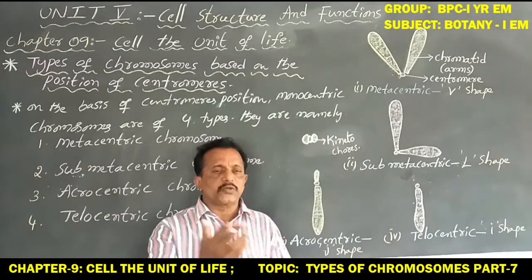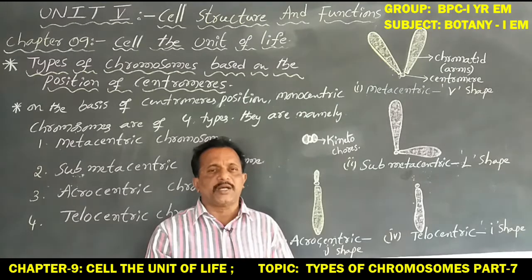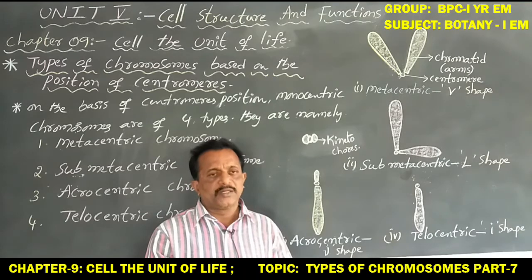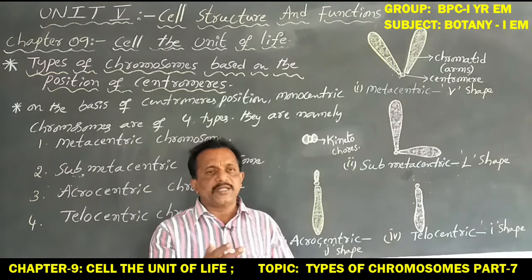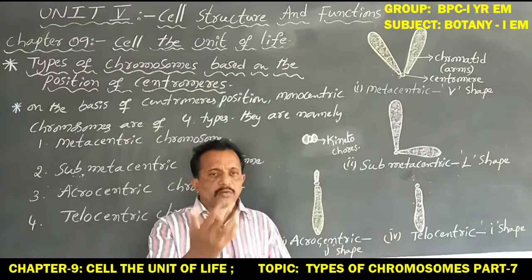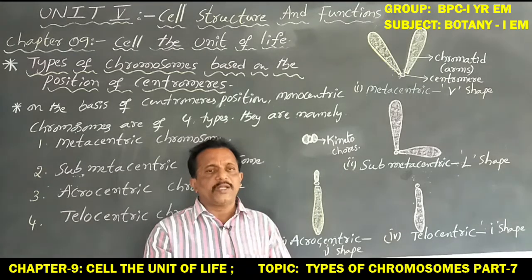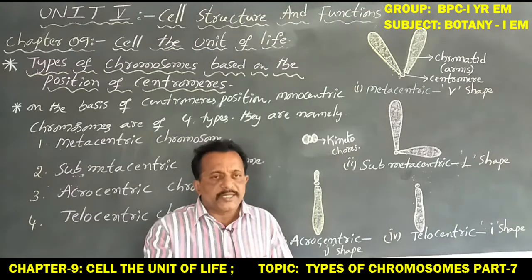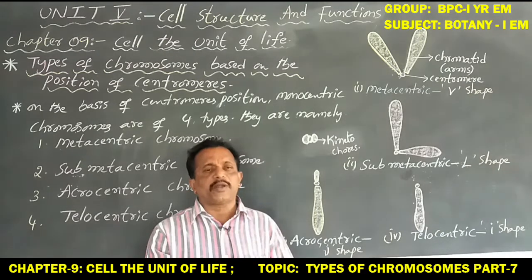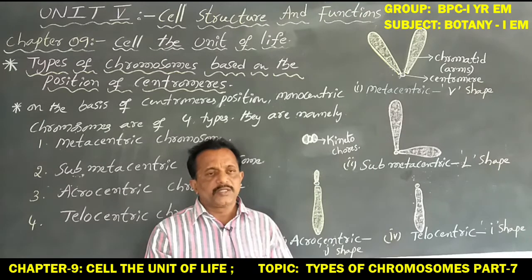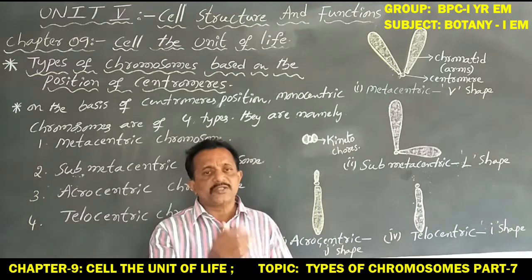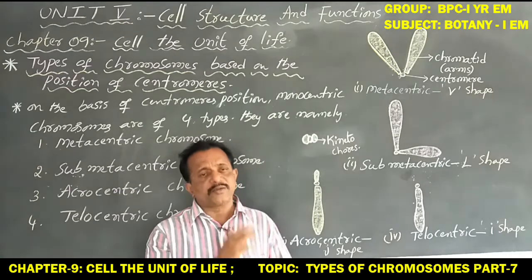That is known as mitosis. In meiosis, the parent cell divides into four daughter cells, and these daughter cells have half the number of chromosomes. That is known as meiosis.